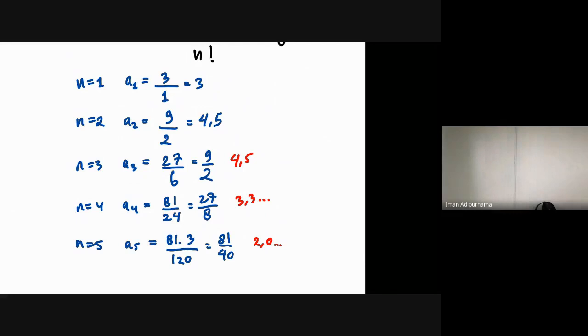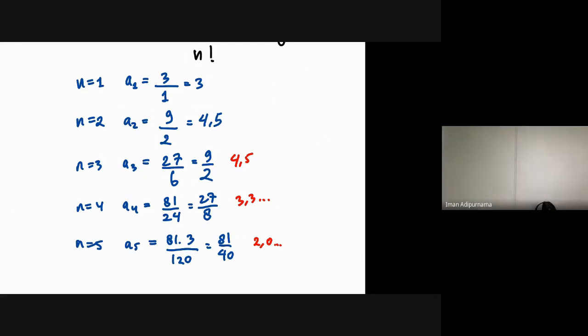And then from here to 4 and to 5, it's going down. So from 1 to 2, it's increasing. But later, from 3 on, if you check, it will always be decreasing.